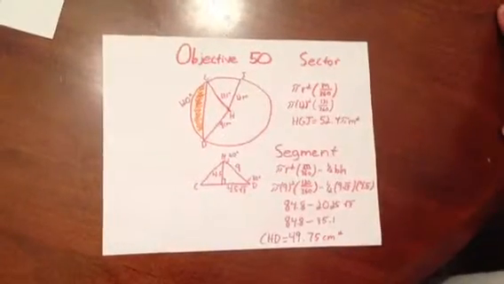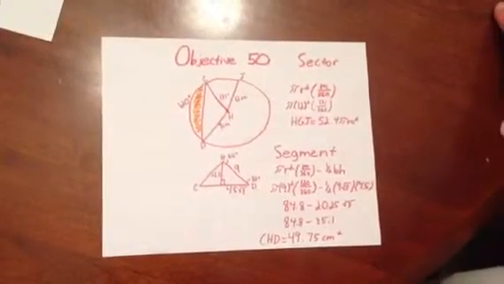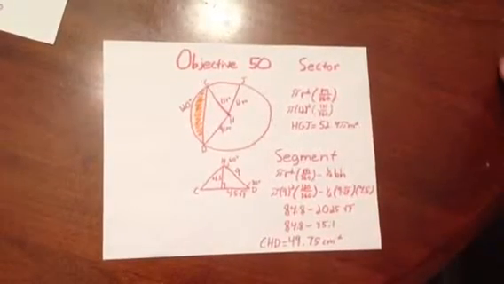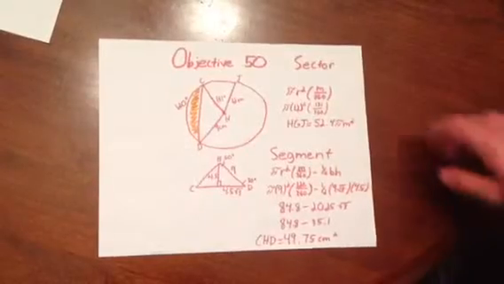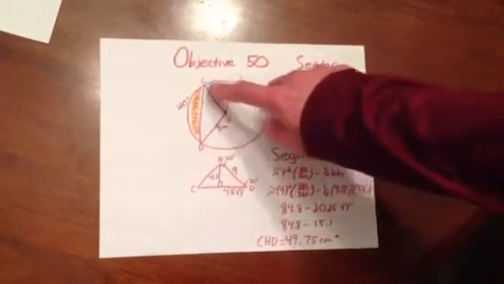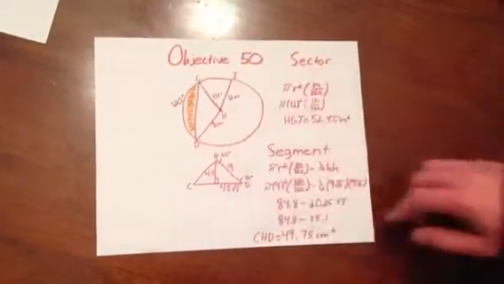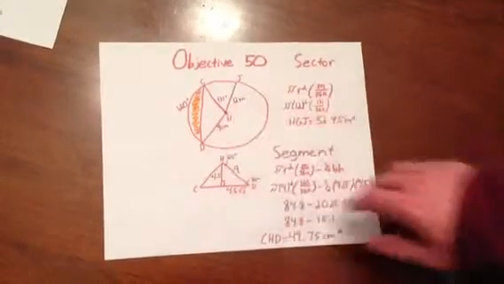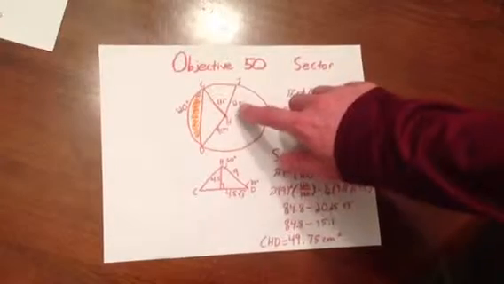Next on the list we have Objective 50. And Objective 50 deals with finding the area of sectors and segments. So first find the area of a sector, which would be CHJ, is what we're trying to find here. We know this angle right here is 131 degrees and that the radius is 12.